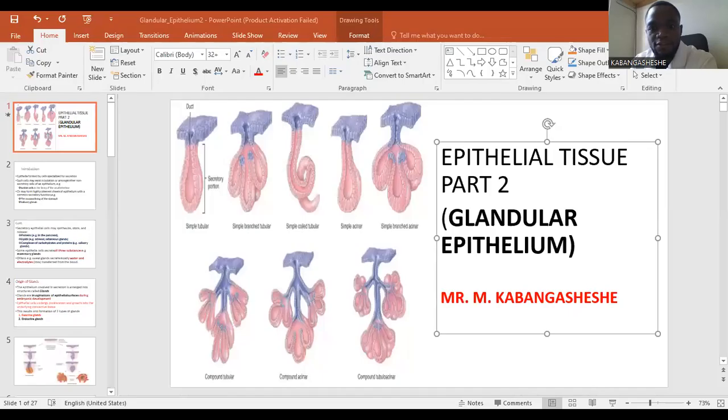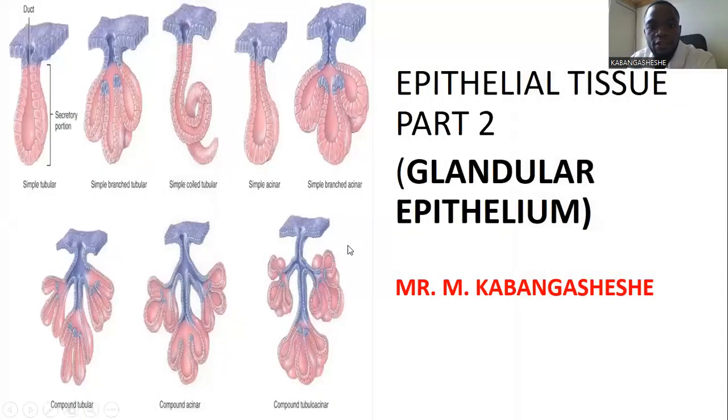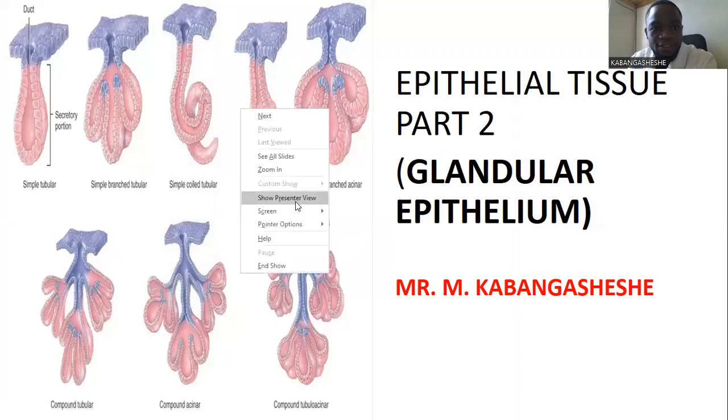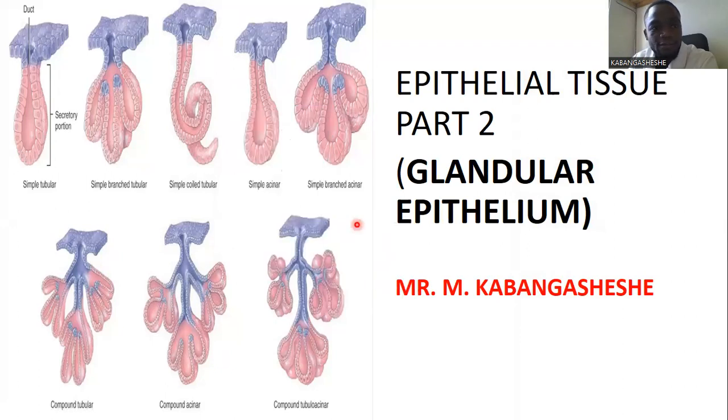Okay, so today's session, we'll look at glandular epithelium. Last time we looked at covering epithelium. Now we look at glandular epithelium. It's the same type of epithelium that we discussed, except this time it is forming special organs in the body called glands.